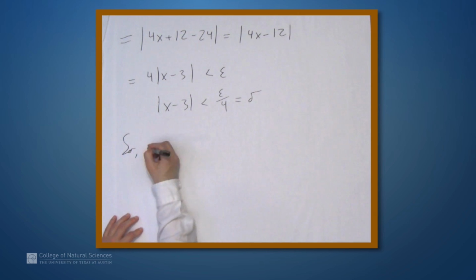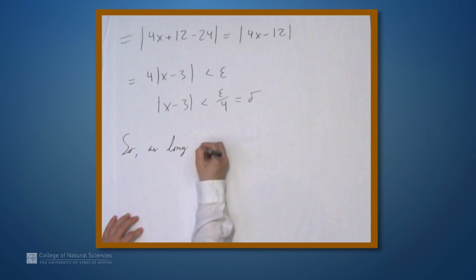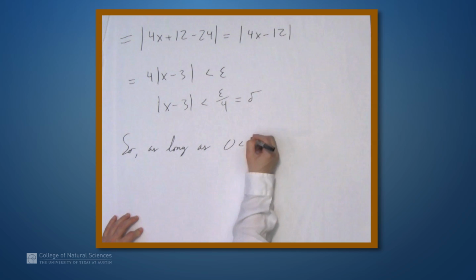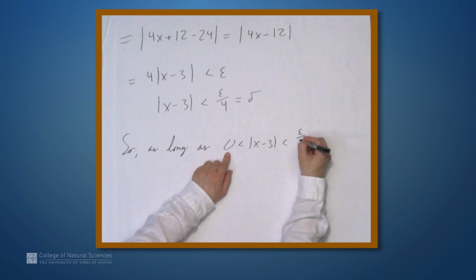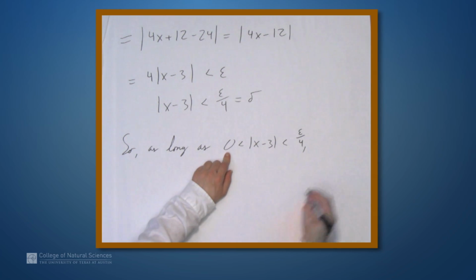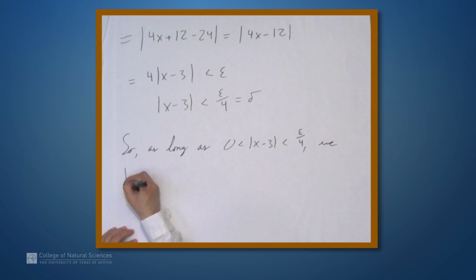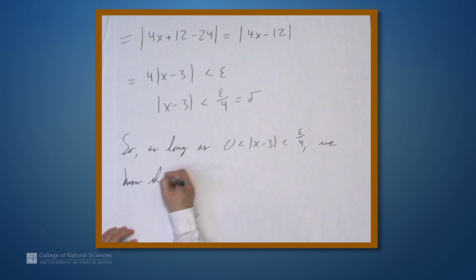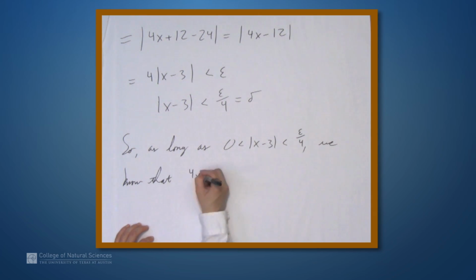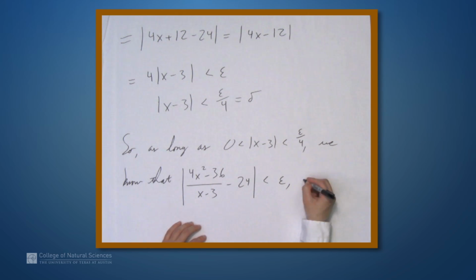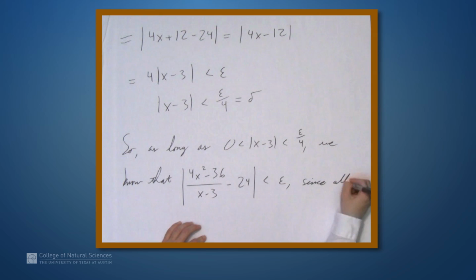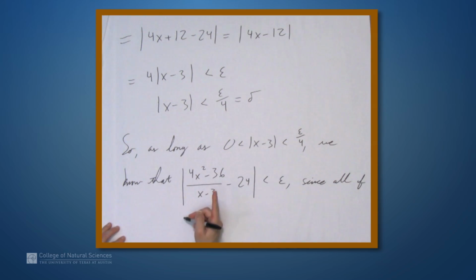So, as long as the absolute value of x minus 3 is greater than 0 and less than epsilon over 4, we know that 4x squared minus 36 over x minus 3 minus 24 is less than epsilon, since all of the steps that we just did are reversible.